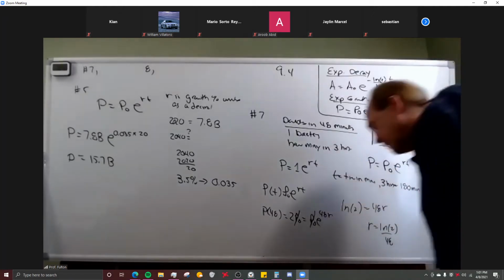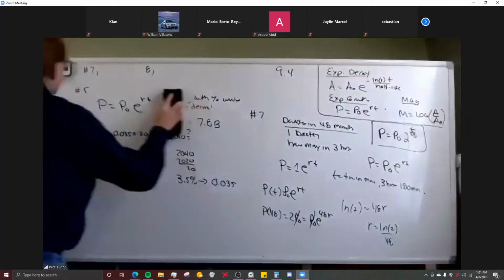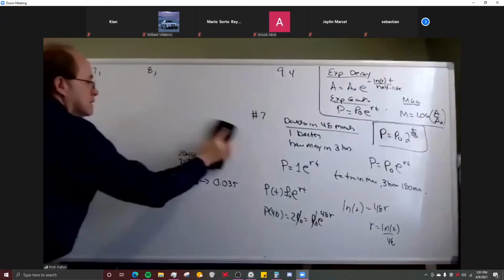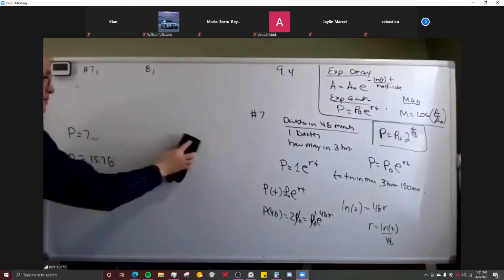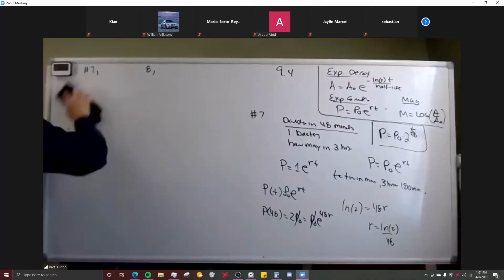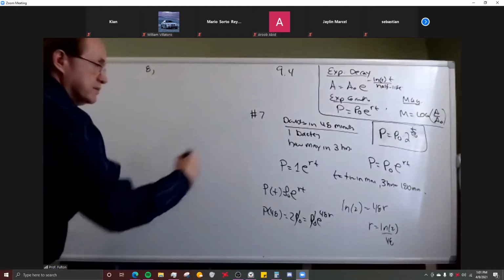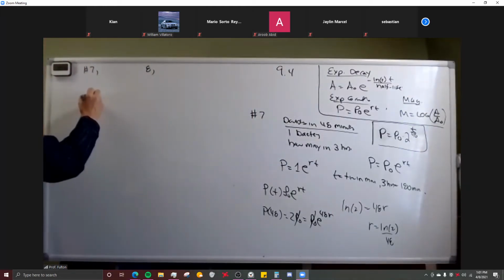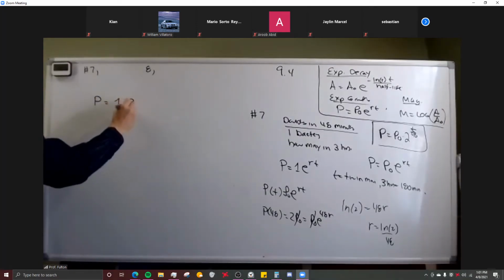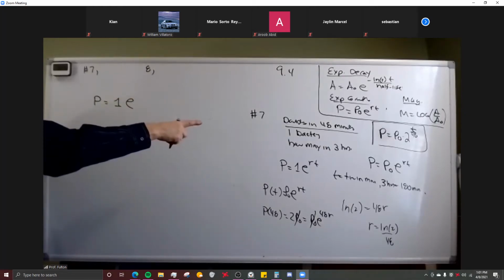So now I plug in everything and I'm ready to go. I could have done it with the doubling time as well, but you get the same answer. It's a very good approximation. So this is my model. The population of bacteria present starts out with 1, and it doubles every 48 minutes.